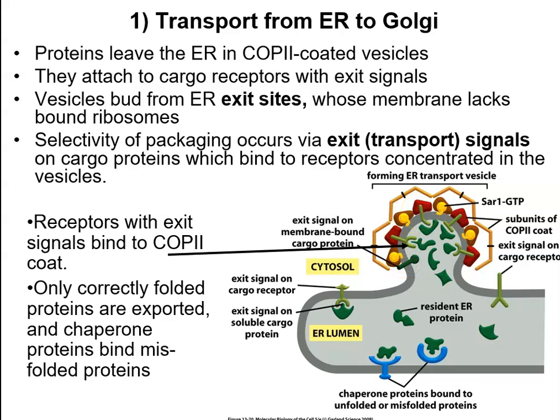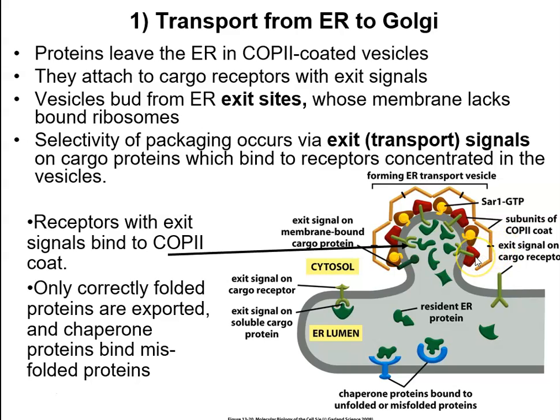So this is much like the endocytosis, but in reverse. We have got receptors binding to proteins that are destined to be exported. Specific signal sequences on there will bind to these specific receptors here. These receptors are then bound into some adapter proteins and with COP2.